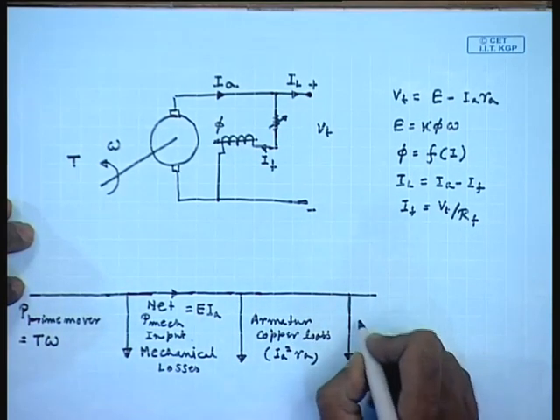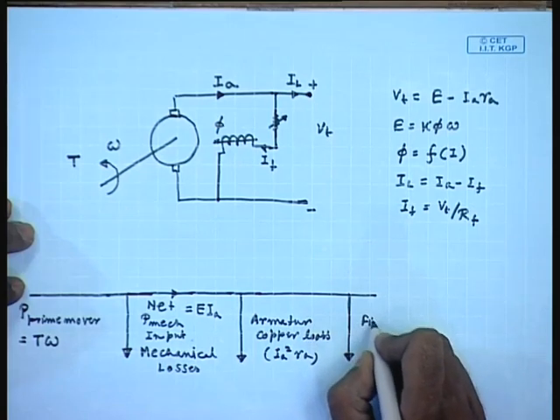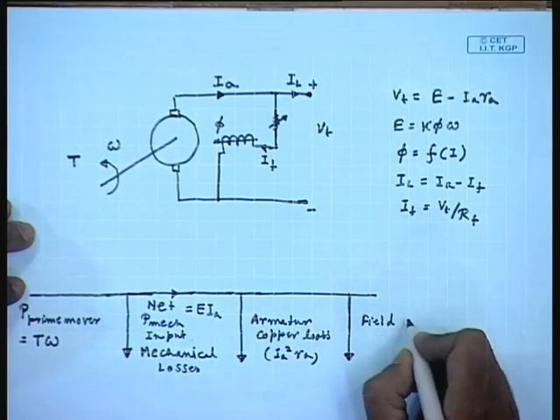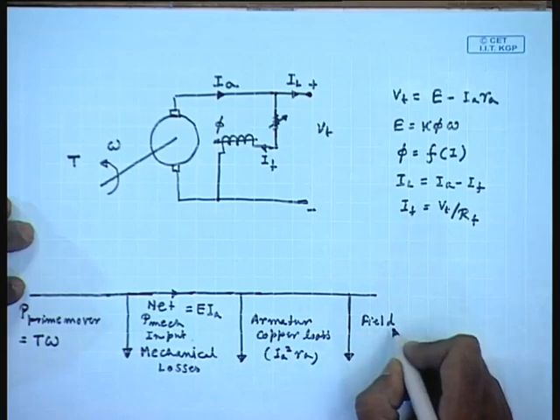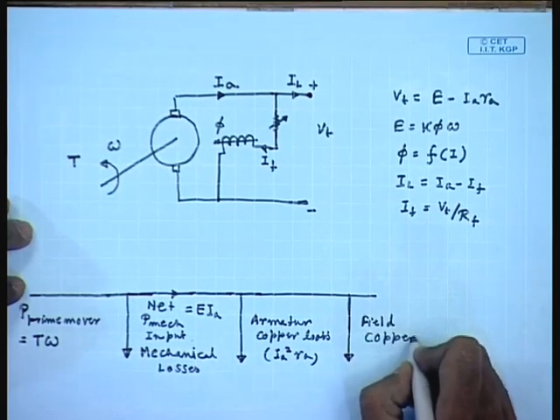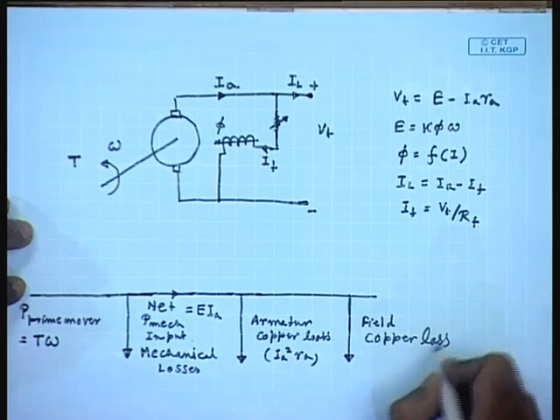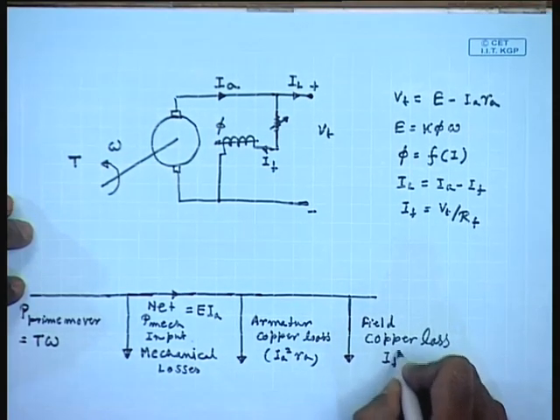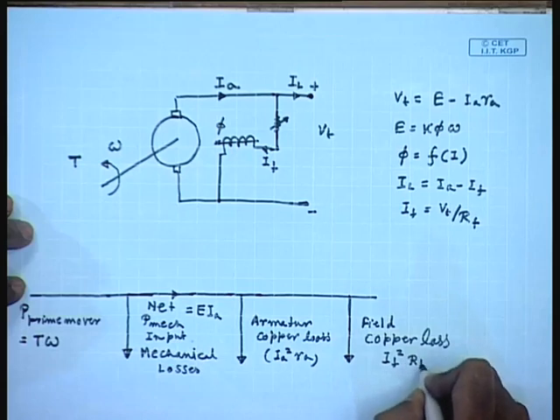Next loss is the field copper loss, which is If square Rf.